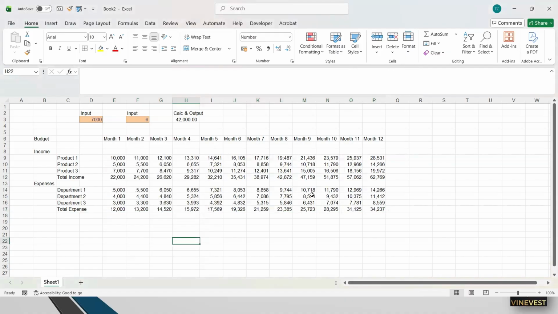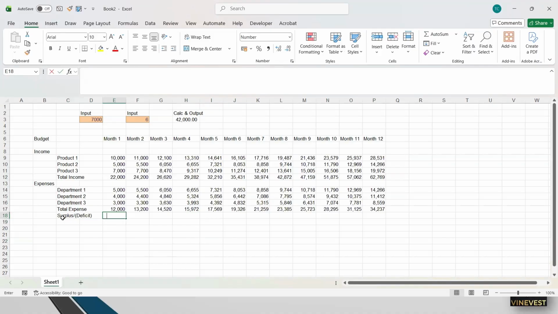All right, so look at this now. In a budget, we always have surplus or deficit, right? So here we can say surplus or deficit. So what is our surplus or deficit?